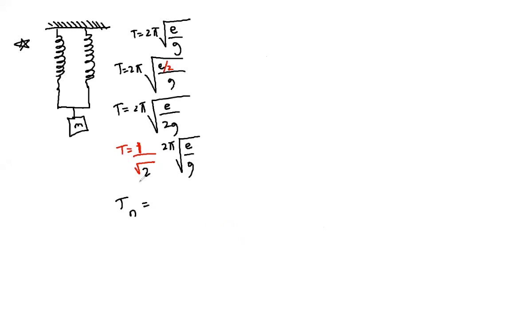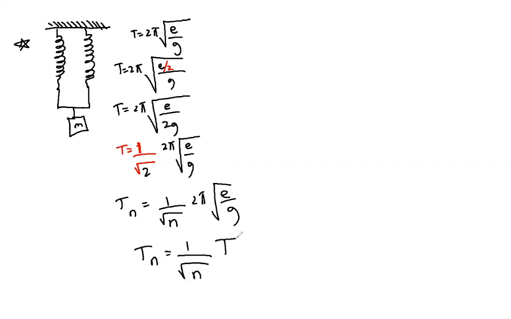So I can write this formula right here as 1 over under root n, times 2 pi under root e over g. Now I clearly said to you guys that this thing is t. So what I can do here is take Tn, which is 1 over under root n, and this is going to become t.